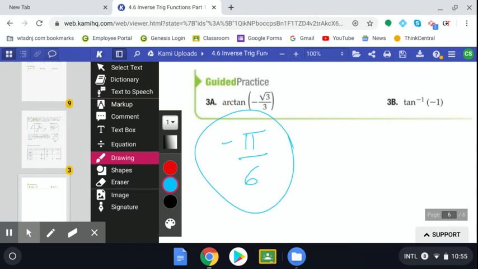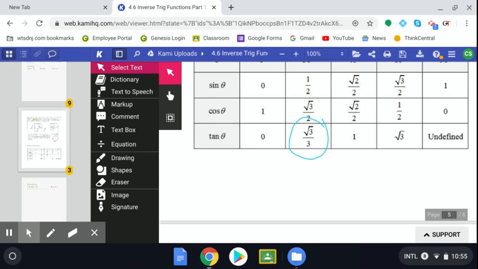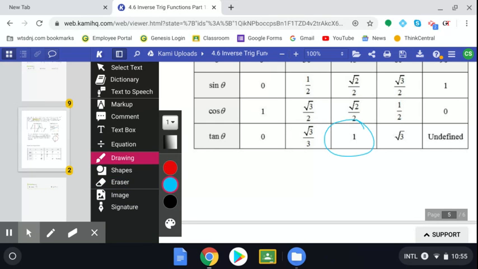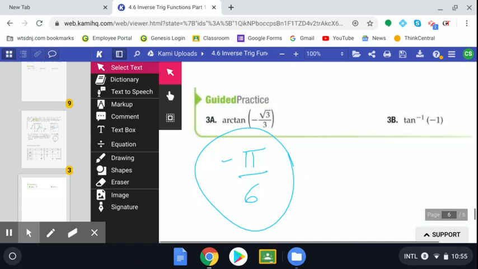Okay. And then for arctangent negative 1, we have that tangent 45 is 1, which of course you already know. Now for negative 1, to get negative 1 in the interval negative pi over 2 and positive pi over 2, it would have to be negative pi over 4.